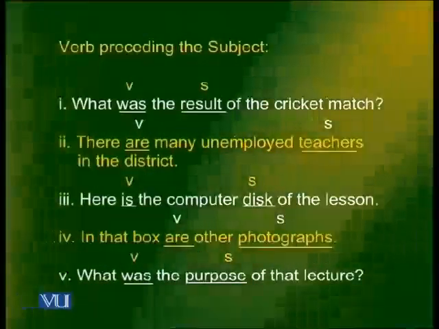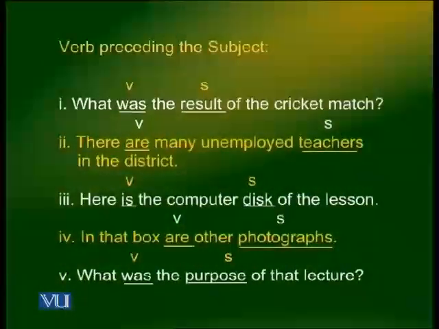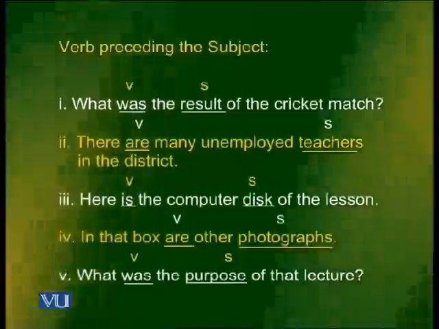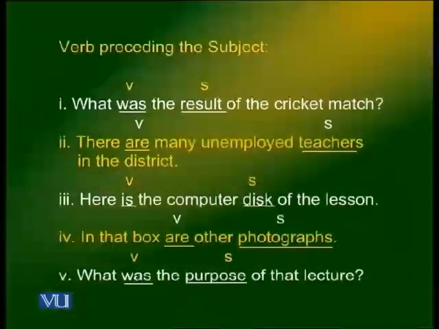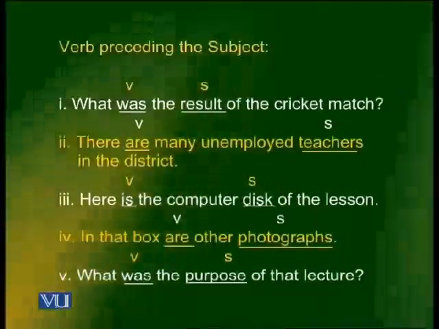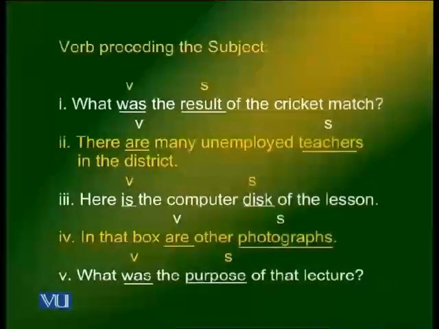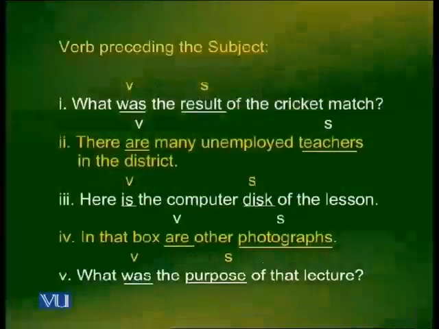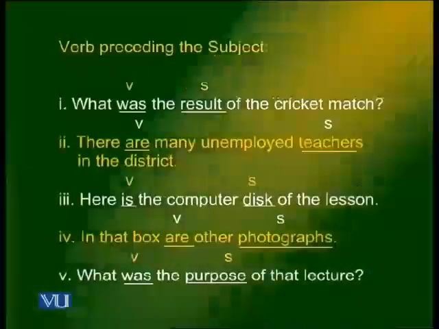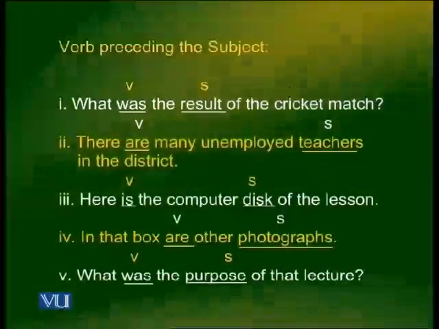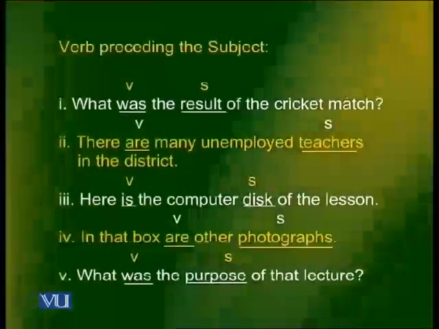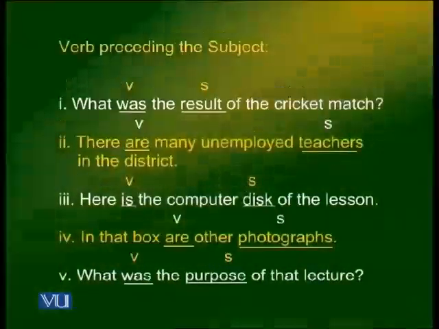Right? And of the cricket match is a prepositional phrase. And I'm sure you've noticed that this is a question. The verb was is singular, so it agrees with the singular subject result. Right? Remember, the subject of a sentence is never in a prepositional phrase.